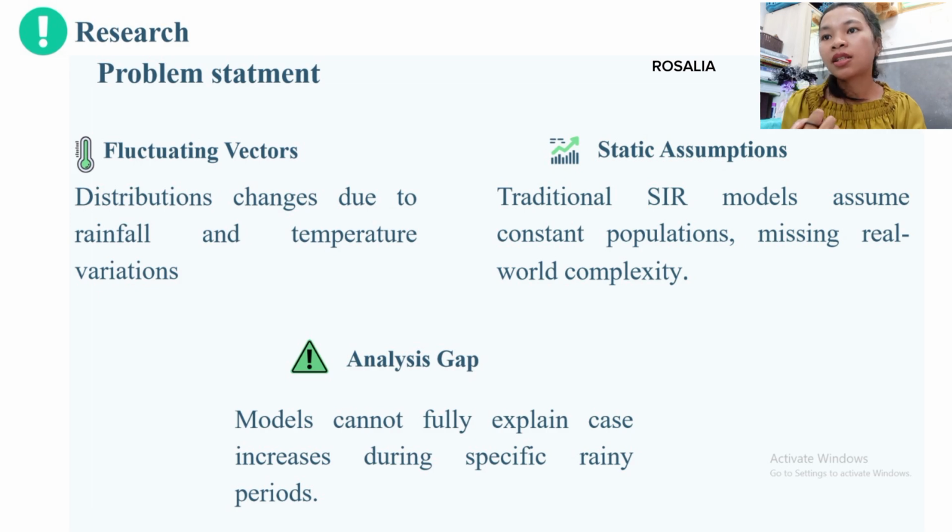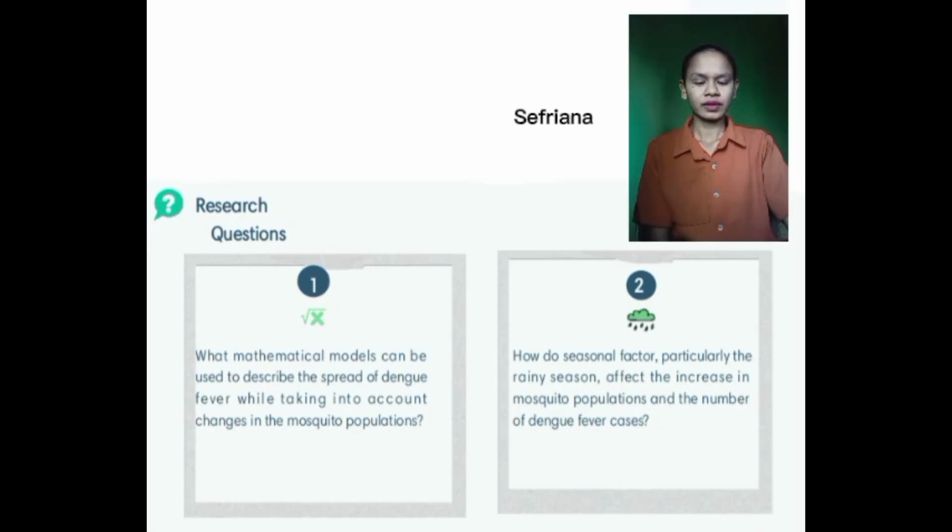As a result, there is an analysis gap where existing models cannot clearly explain the increase in dengue cases during certain rainy periods. Therefore, this research aims to develop more realistic mathematical models that include seasonal factors.